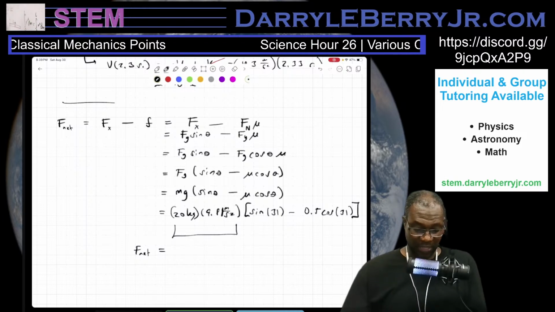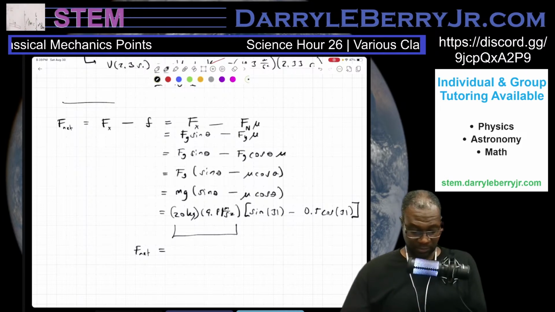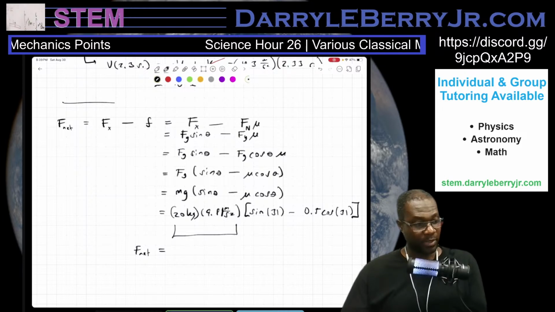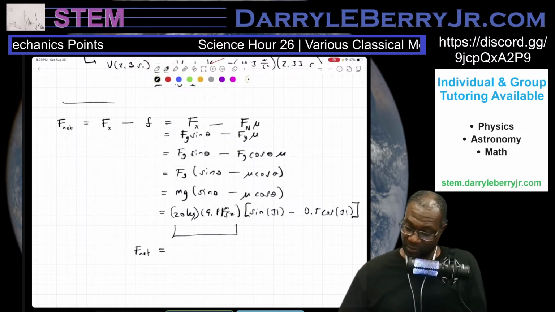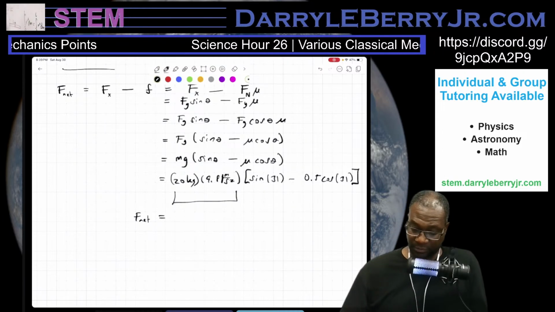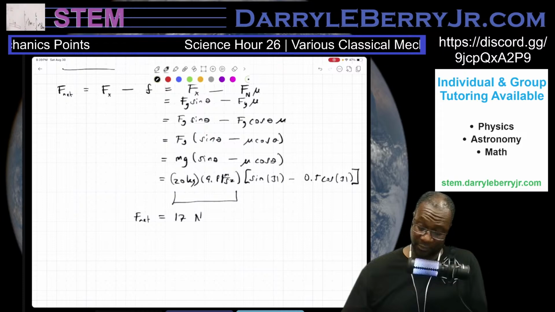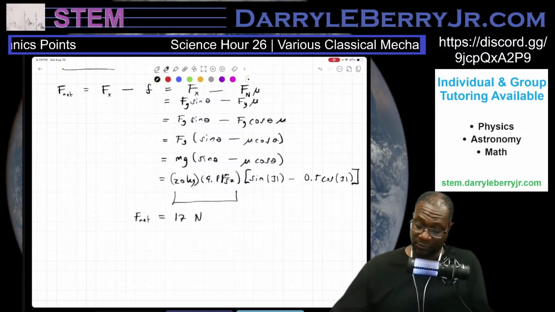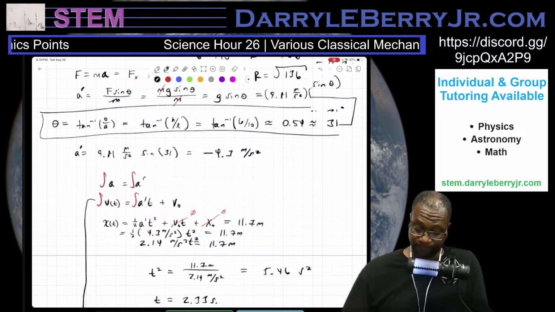It is that I have my calculator in radians, but I'm putting in degrees. It does this to me every time. Let me change this to degrees real fast. Try this again. Okay, so that makes sense. So we have about 17 newtons for the net force given friction.